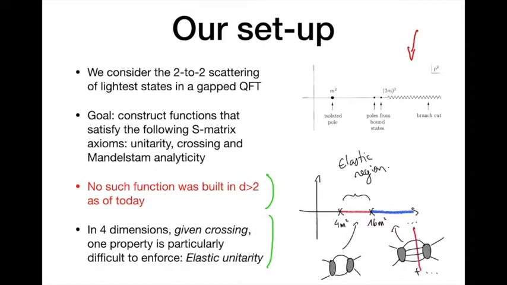It's going to involve a 4-particle state, so it's going to be (4m) squared, which starts at 16m squared. It's in here. But in between 4m squared and 16m squared, there's not enough energy for these kind of guys to contribute to the discontinuity. So it's just really involving this guy. So elastic unitarity is going to be the statement of unitarity in this region between 4 and 16.